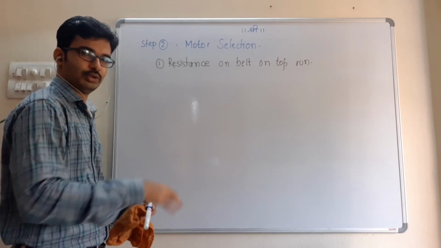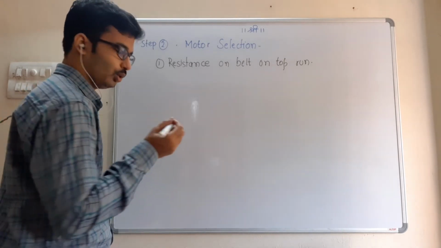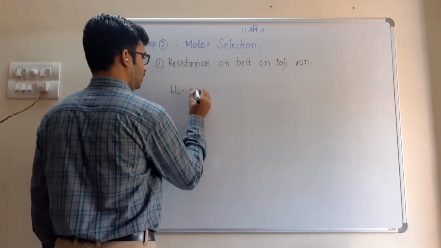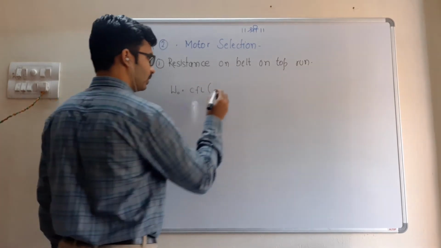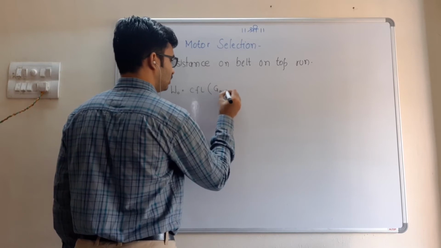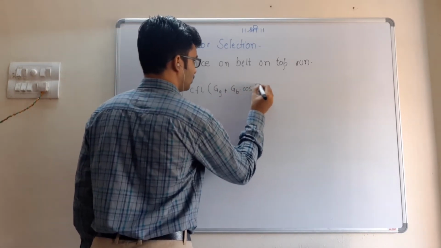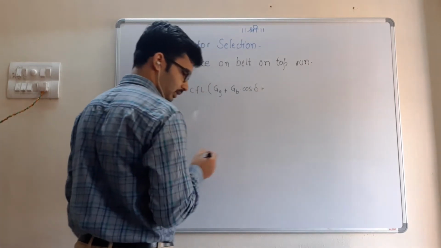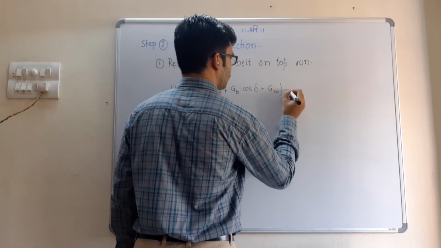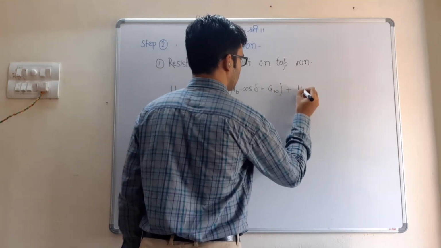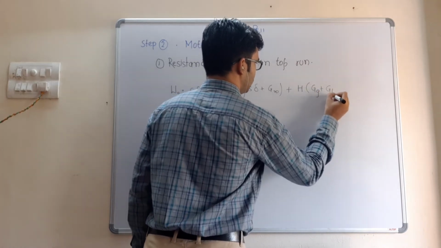So we will substitute those values and calculate WO now. So CFL into bracket GG plus GB cos delta plus GRO plus capital H into GG plus GB.